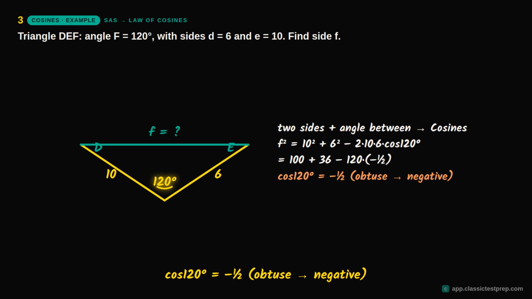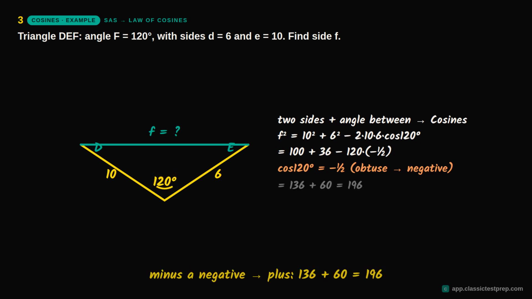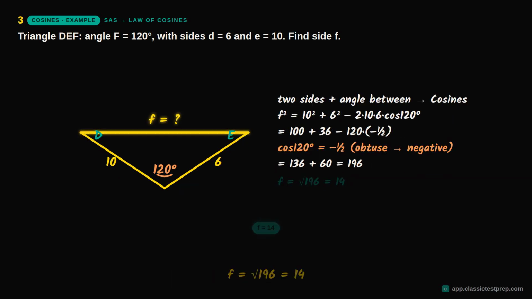So we have 100 plus 36 plus 60, because it's negative 1/2, and then we're subtracting a negative. So F squared is equal to 196. The square root of 196 is 14. The third side has a length of 14.